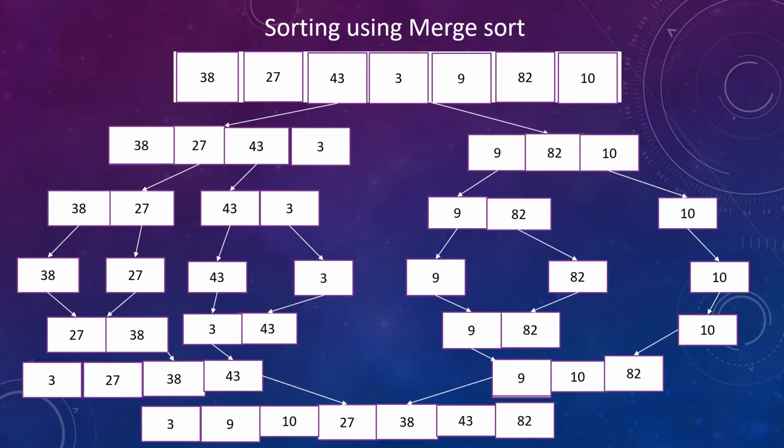Coming down, this array is broken down into smaller parts. As you can see, it's nearly halved over here, and then it gets halved further and further till each element is a standalone element.